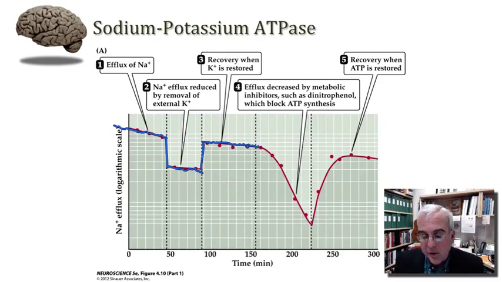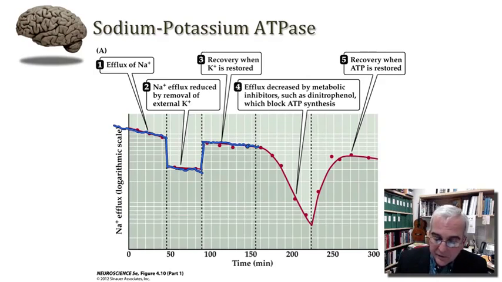But now a key experiment is imposed upon this model system. The energy that's required to drive this activity is depleted by adding a compound which blocks the synthesis of adenosine triphosphate, which is the main energy currency for active cells.